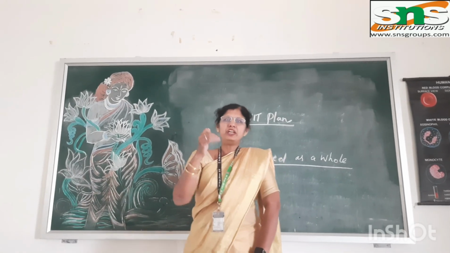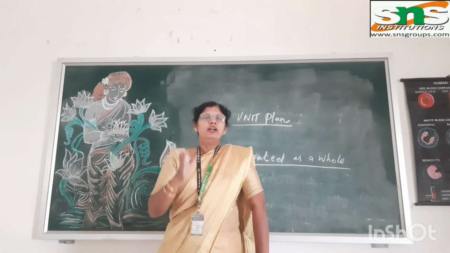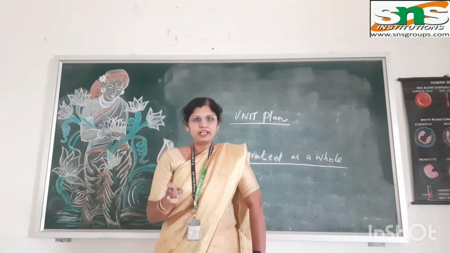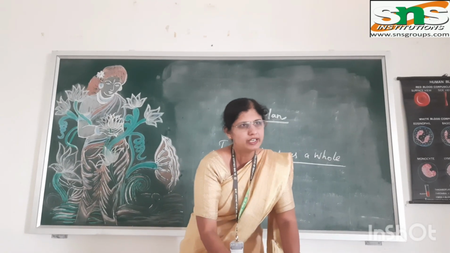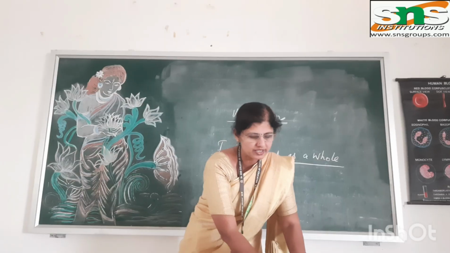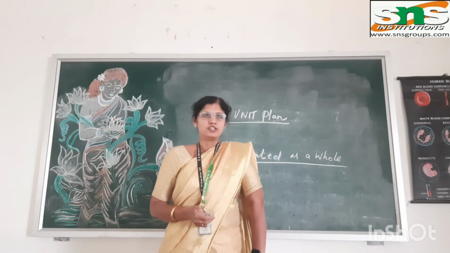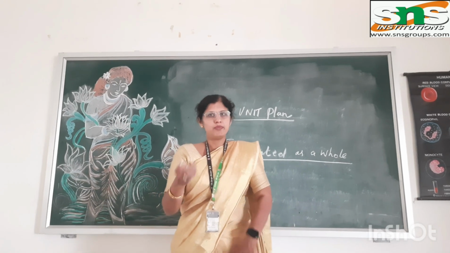And how do we arrange it? What criteria do we need to check? We have to check the needs, capabilities and interests of the students. And then what are the things we need to demonstrate in the biology classroom?